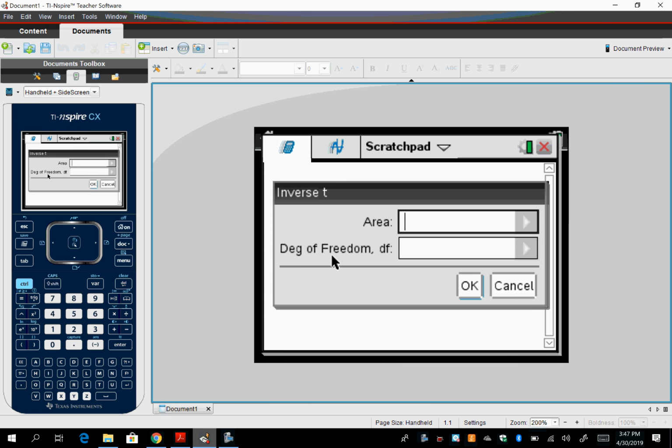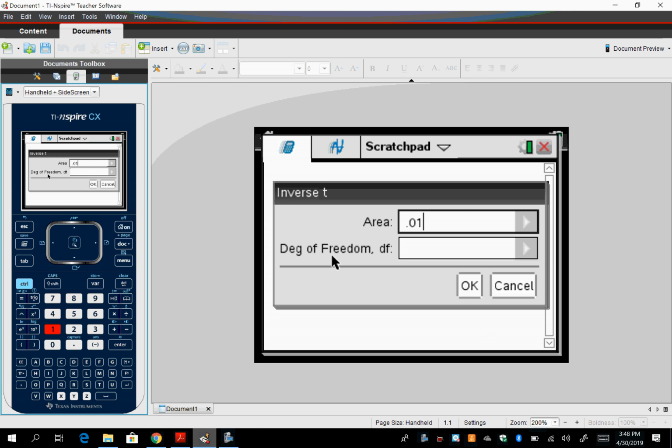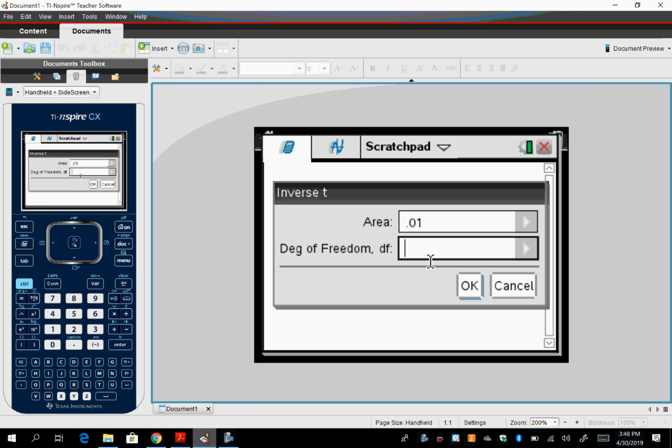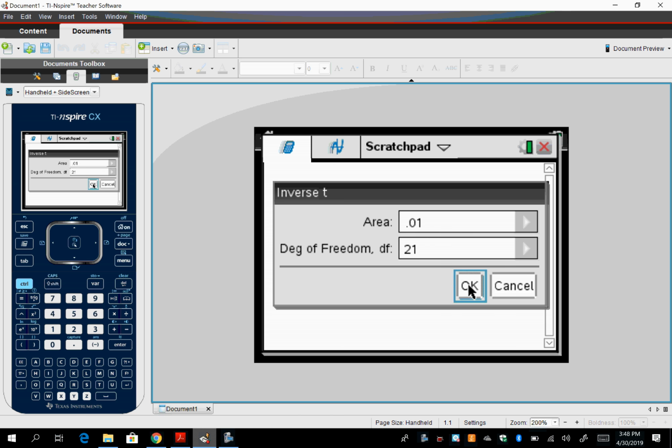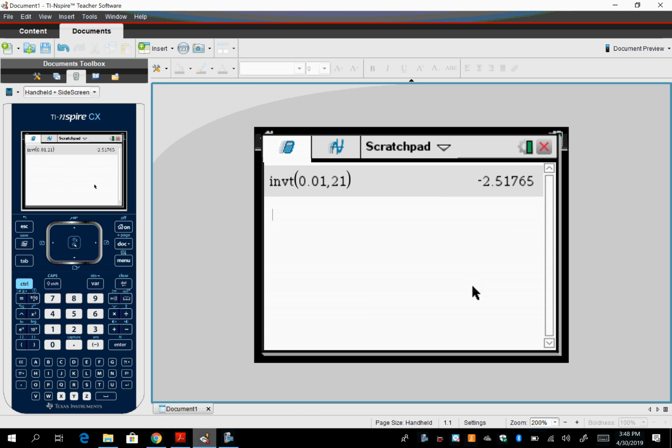The area I told you, I'm typing in 0.01. George, what's the one you could do? Not negative. 0.99. Area should never be negative, right? Area is always positive. 0.99. And then degrees of freedom we said was 21. And hit OK. And it's 2.518.